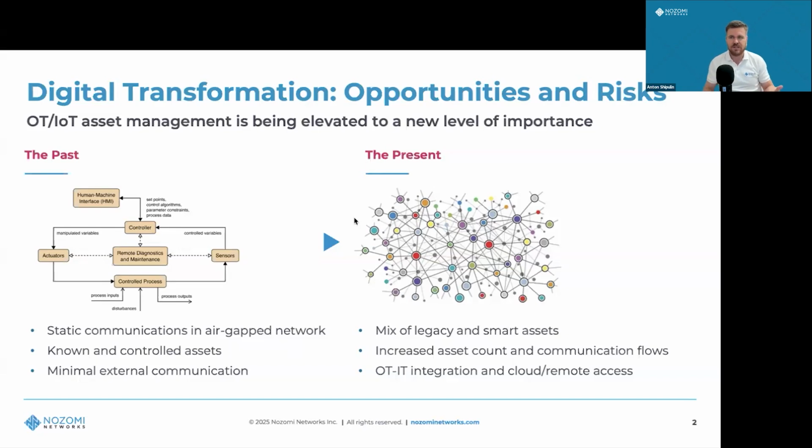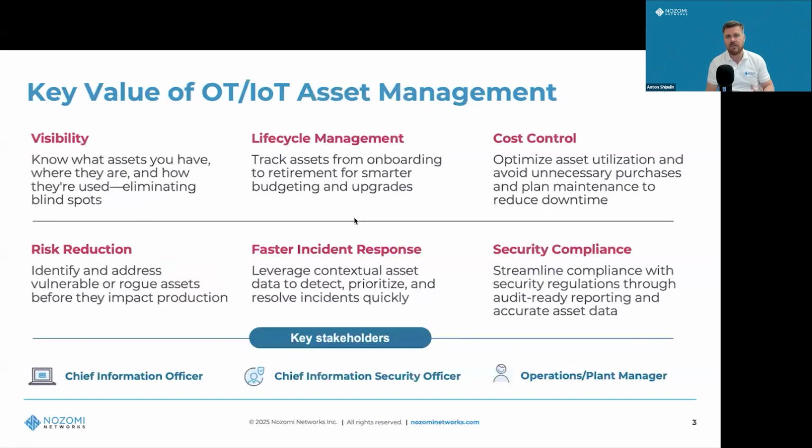What used to be static, air-gapped systems with known assets are now more dynamic, interconnected networks mixing legacy and smart devices, IT/IoT integrations, cloud and remote access. This complexity increases risk and makes effective OT asset management more critical than ever. And now is the right time to focus on proper asset management.